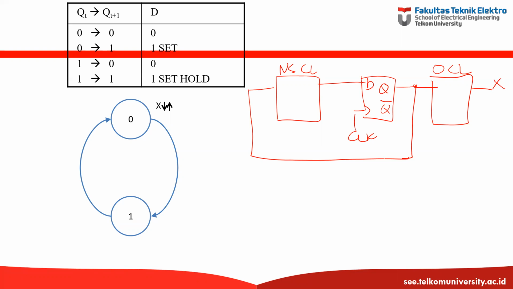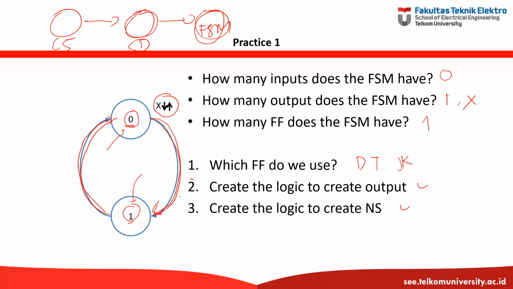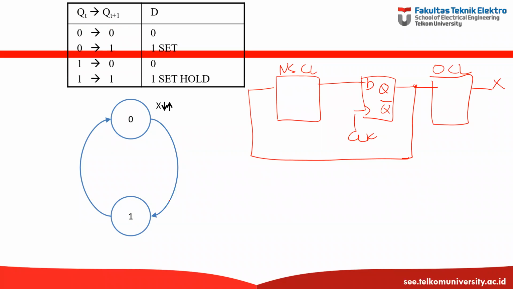Now, what is inside this output combinational logic? The next step is to create the logic inside the output combinational logic. Now, X as the output will be active only when the present state is 0.